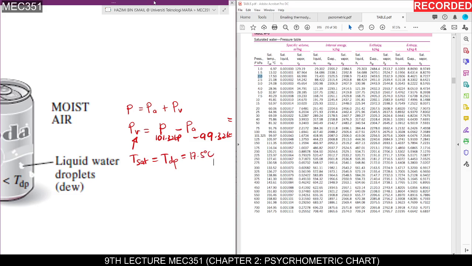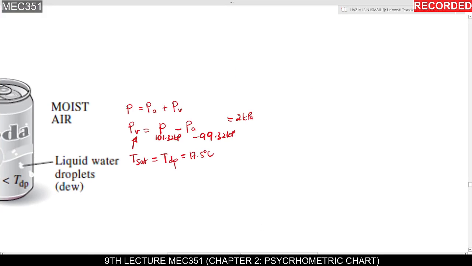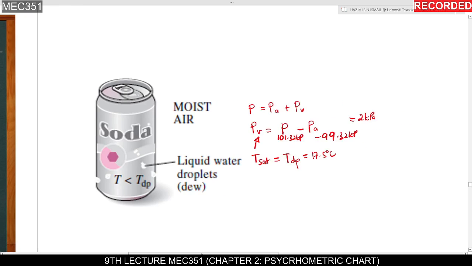So in that situation, when the air reaches 70.5 degrees Celsius, the water vapor will be condensed and converted into water droplets like this. So let's say the air is around 30 degrees Celsius, but when the air touches or has heat transfer with our soda can, maybe the soda can is 40 degrees Celsius, let's say 40.